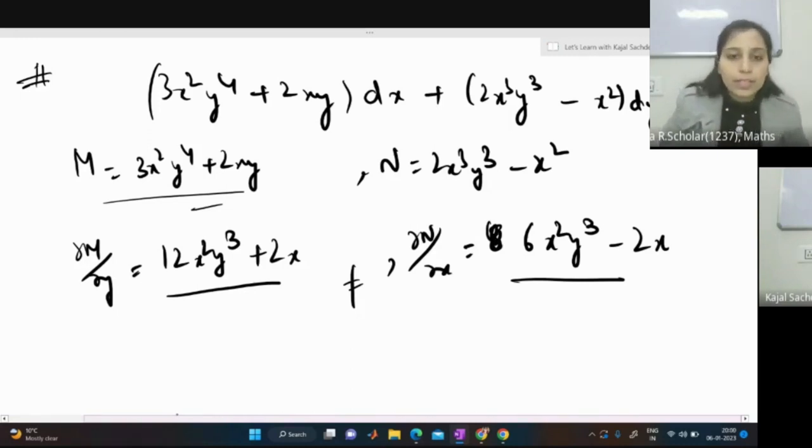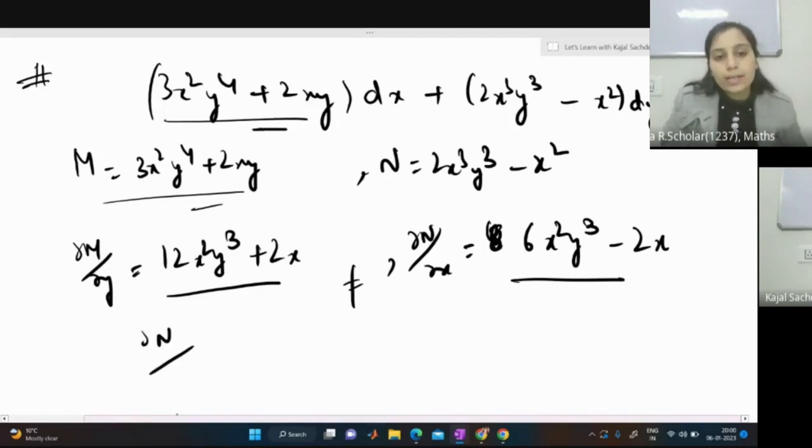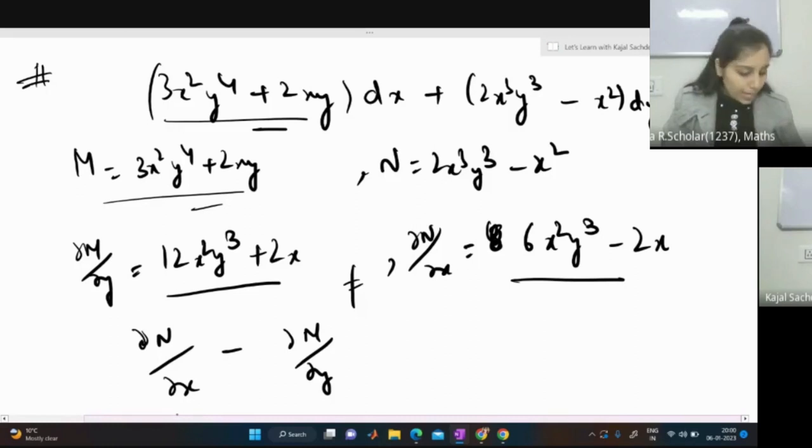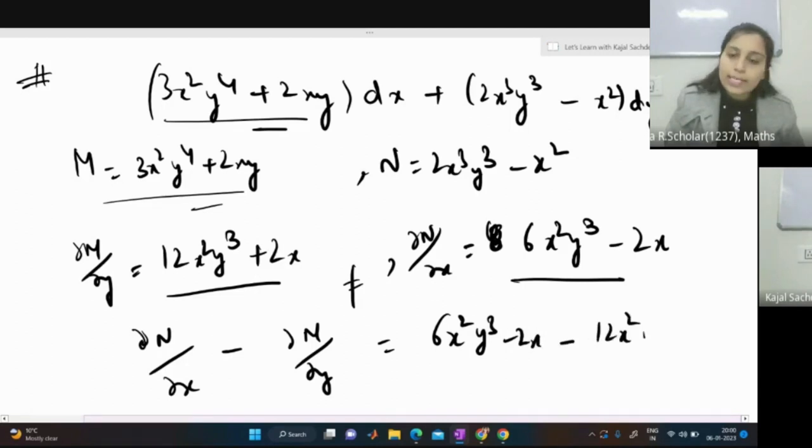After observing this, if we subtract and divide by M, maybe we get some function of y. Let's just try. ∂N/∂x − ∂M/∂y is equal to (6x²y³ − 2x) − (12x²y³ + 2x), and dividing by M.